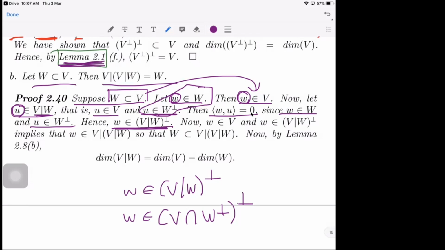Substitute. So you have the dimension of W. Again, you have this lemma here and you have shown that W is a subset of V mod W perp, so that these two subspaces here are equal. So actually, V mod W perp is just your subspace W.